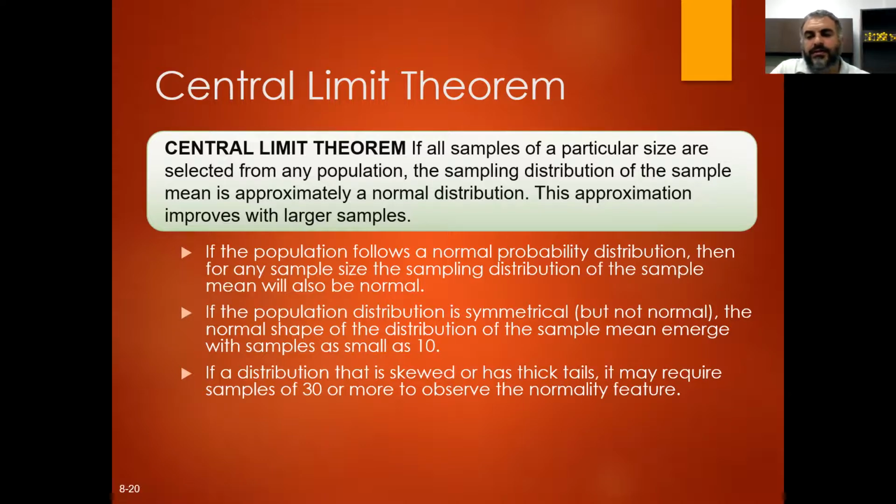So there are 2 things you should keep in mind. If you have a population normally distributed and you start sampling from it, the samples should also follow a normal distribution.